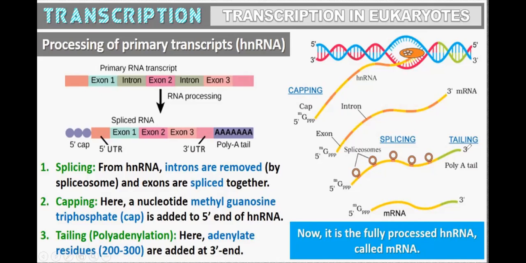Then there is tailing, where around 200 to 300 adenine bases are added towards the 3' end. Ultimately, introns are removed, capping is done, and tailing is done. Now this is mature messenger RNA, the fully processed heterogeneous RNA, called messenger RNA.